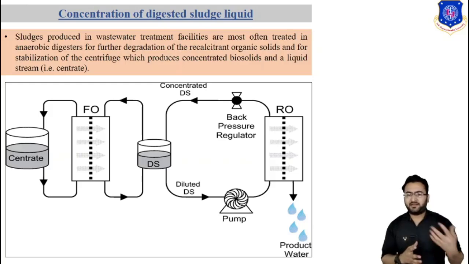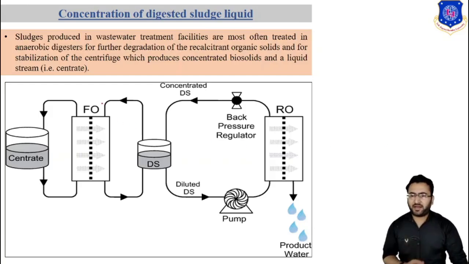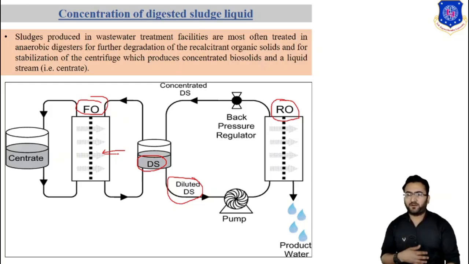Water is then extracted from the pre-treated centrate using a cellulose triacetate membrane and NaCl draw solution. For this, the forward osmosis process is used, where natural separation occurs due to the forward osmosis phenomenon. Then reverse osmosis is used to separate the diluted draw solute from the effluent. So this is how reverse osmosis is used for the concentration of digested sludge liquid.